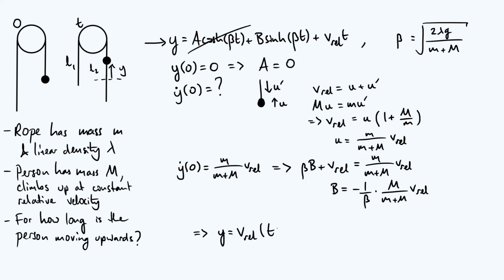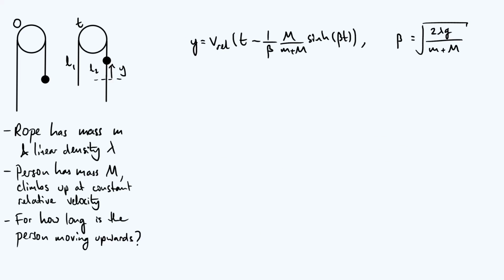You get this t from the end of the expression up there, and you get minus 1 over beta times big M over the sum of the masses times the hyperbolic sine of beta t. So there is our solution for y and how it varies as a function of time.